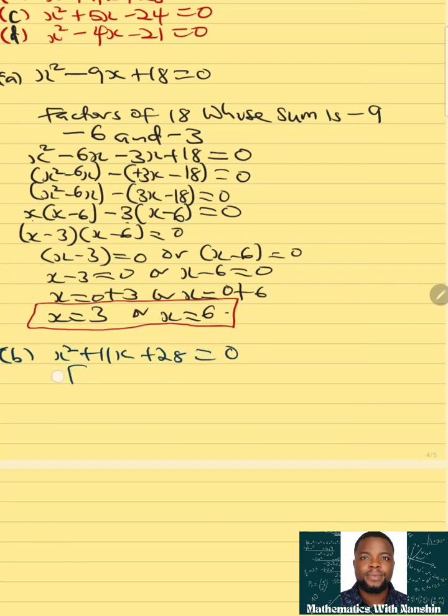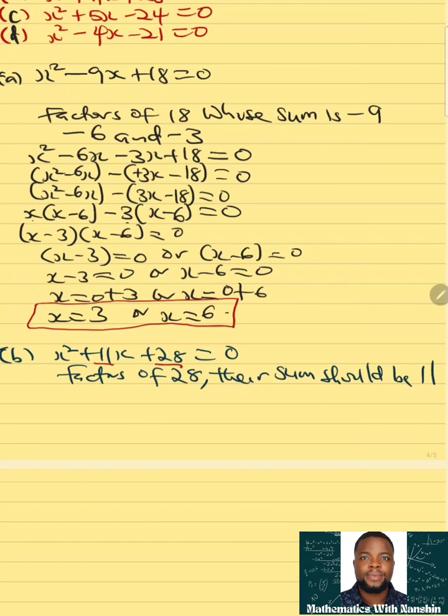So you need to find the factors of 28, and those factors, their sum should be 11, because 11 is the middle term. Okay, so you need two numbers that you multiply to get 28. If you add the same two numbers, you get 11.